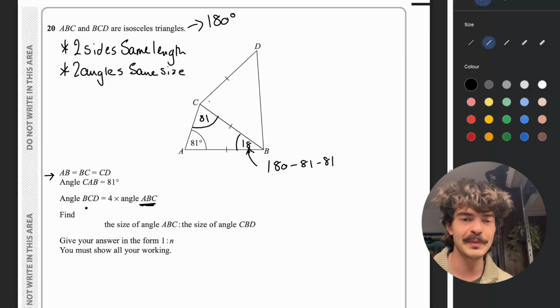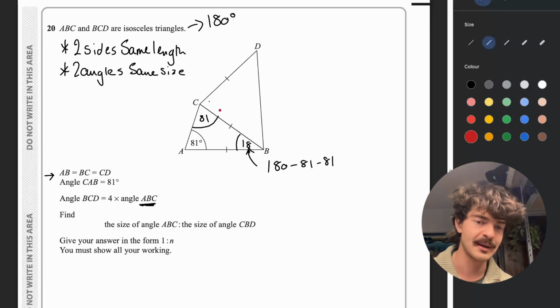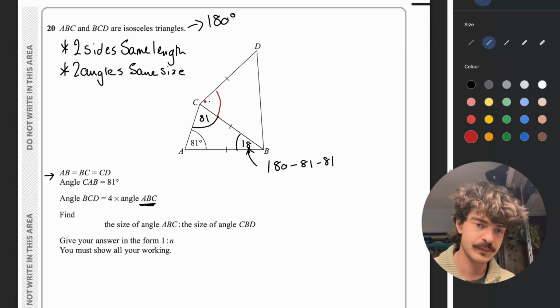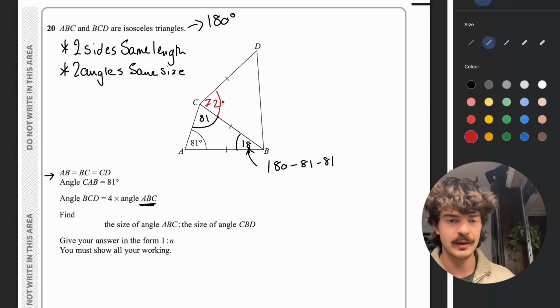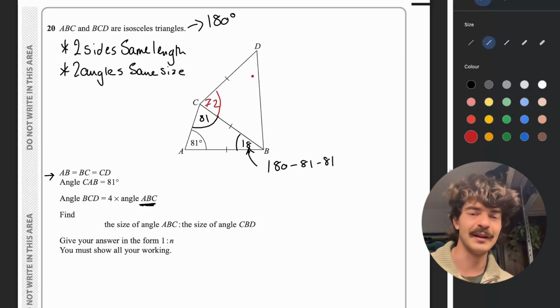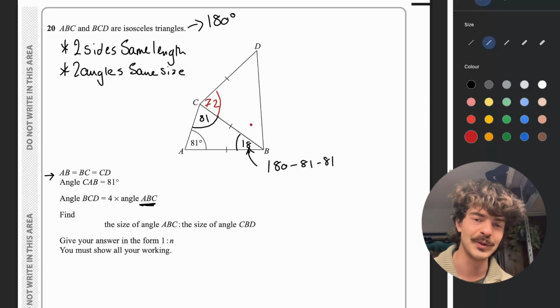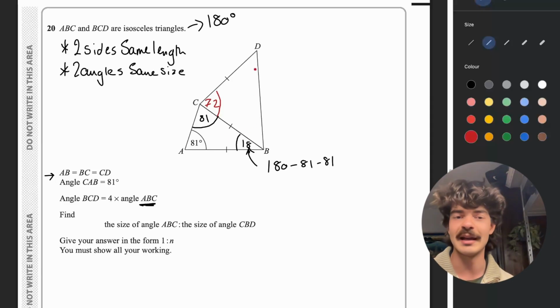And to get angle BCD, I'm going to do it in red up here, that's up here, we just need to multiply it by 4. So what's 18 times 4? Let's have a look. 18 times 4, there it is, 72. Now once again, if you were to rotate this BCD triangle round a little bit, you'll realize that these are the bottom two, and they're going to be the same size.